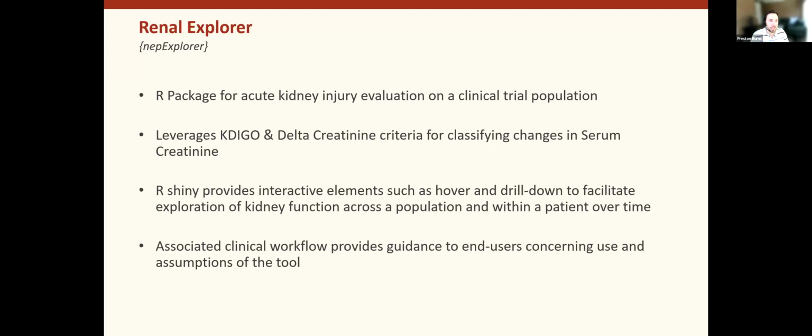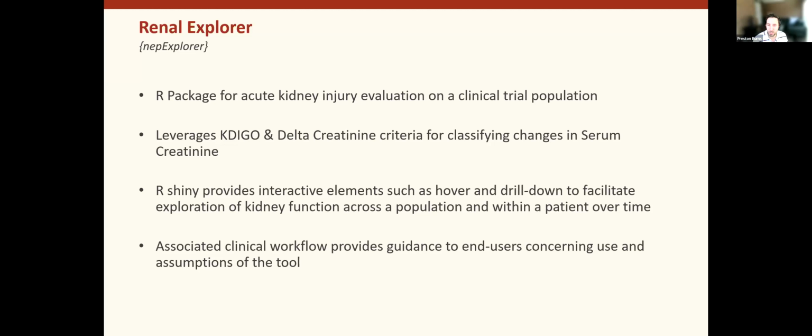Okay, so I'm going to talk about the NEP Explorer. So this is a renal safety monitoring focused R package for acute kidney injury evaluation within clinical trials. So we use the KDIGO and delta creatinine systems for classifying changes in serum creatinine, placing them into stages.